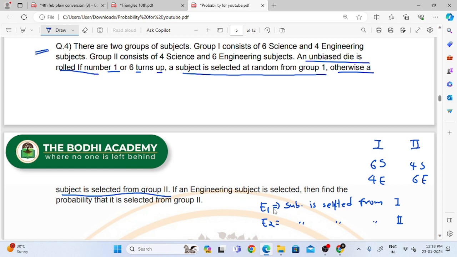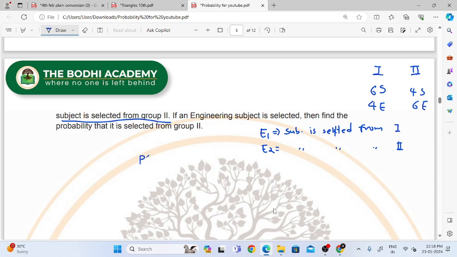So the subject is selected from group 1 when an unbiased die is thrown and 1 or 6 comes up. Okay, so 1 or 6. So what is the probability of E1? When on the die 1 or 6 turns up, then we will select a subject from group 1. So what is the possibility? There are two possibilities, 1 or 6. That means 2 upon, in the die how many total numbers are there? 6. So 2 upon 6. It is the probability of E1.